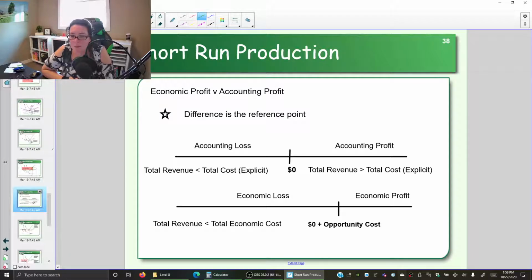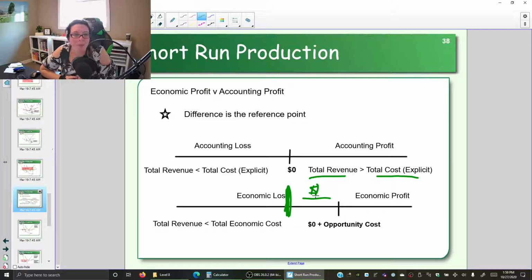So accounting profit, your total revenue is more than your explicit costs. You've paid everyone you owe, and you're making more money on top of that. When we talk about economic profit, you have paid everyone you owe, and you are making accounting profit.